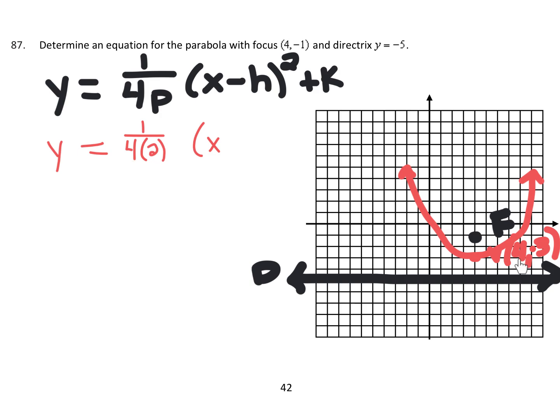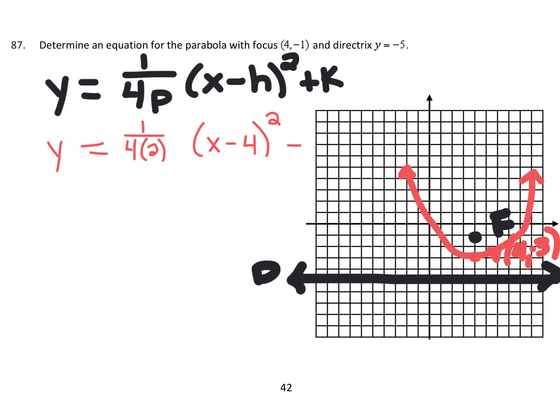All right, now, in place of the h, we're plugging in the x-coordinate, which is a 4. So x minus 4 squared. And then plus, well, the y-coordinate is a negative 3. So plus negative 3. But instead of writing plus negative, isn't a positive times a negative just a negative?